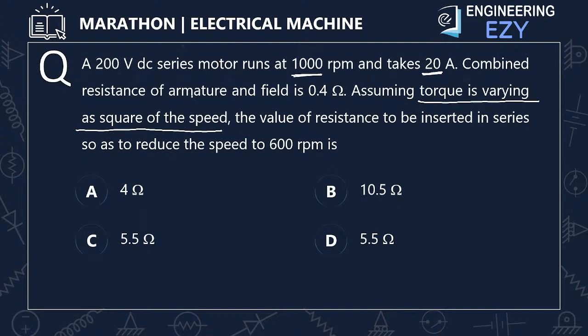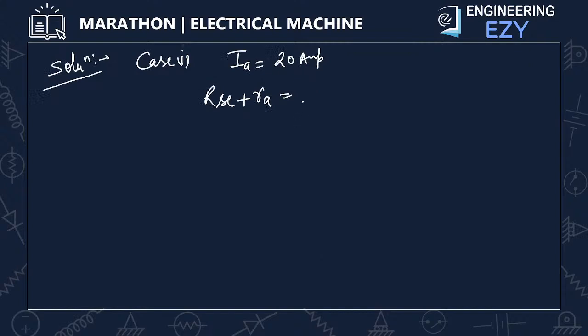The combined resistance of armature and field is 0.4 ohm. And the supply voltage, line voltage VL, is 200 volt.